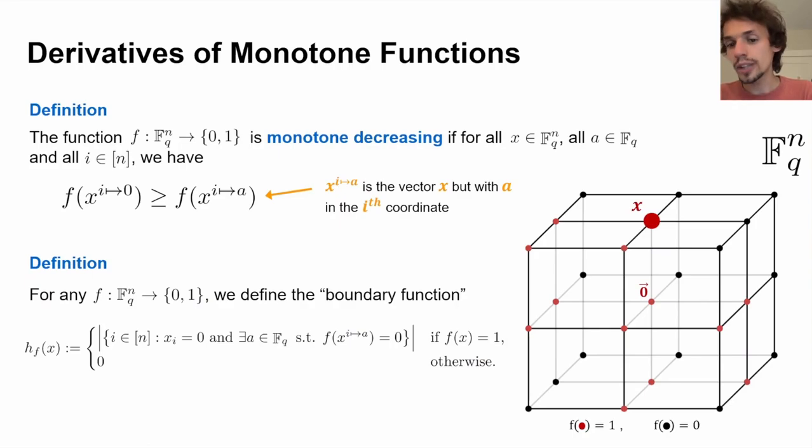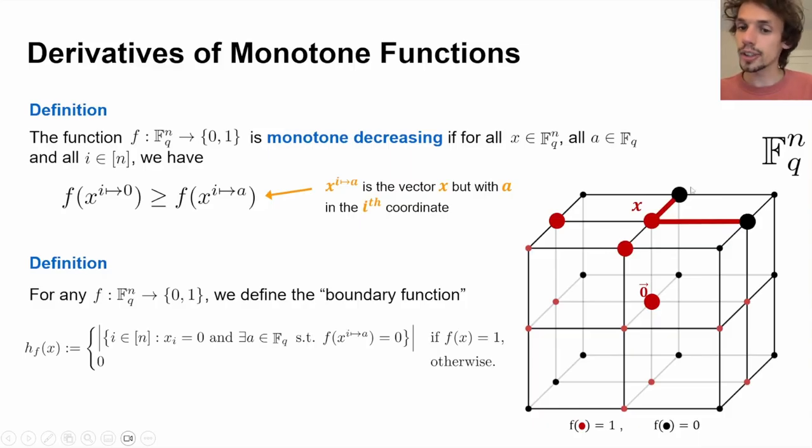And then on the red dots, where f of x is equal to 1, the boundary function looks at all the neighbors and counts the number of coordinates along which you can move and find some point x prime that has f of x prime equal to 0. In this case, there are two such coordinates. I can move along this axis and find a point that evaluates to 0, and I can also move along this axis and find a point that evaluates to 0. So h_f of x here is equal to 2.